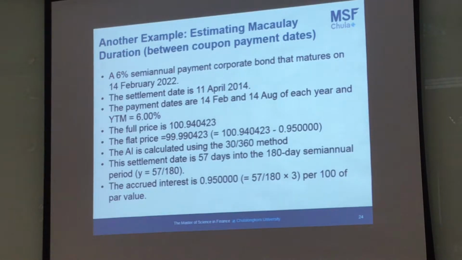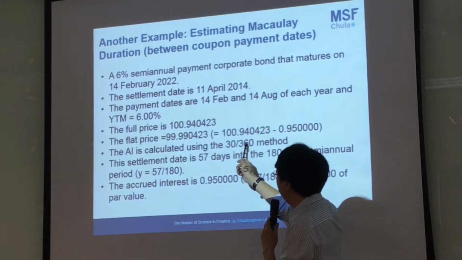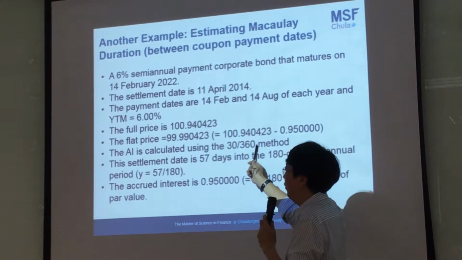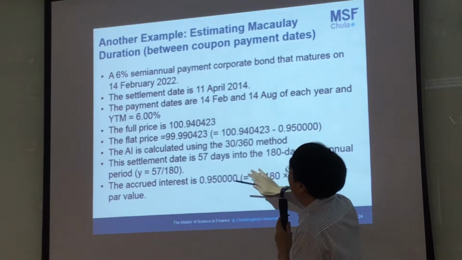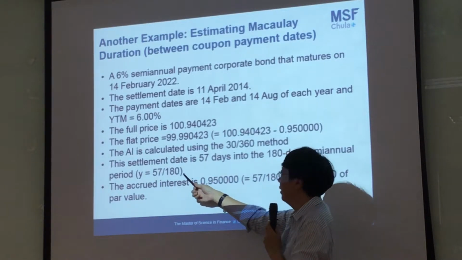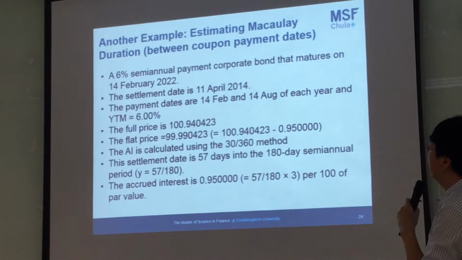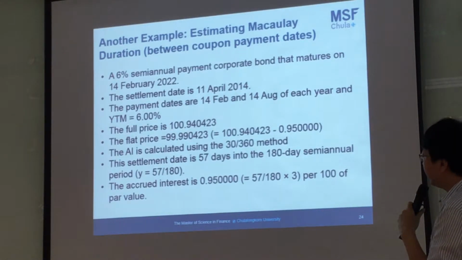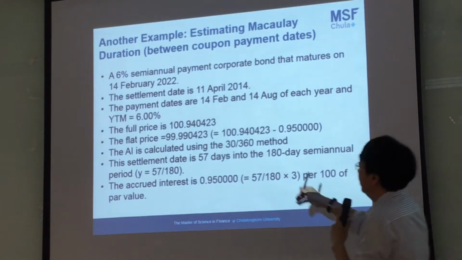The accrued interest is estimated using the 30/360 day count convention. Y is equal to 57 days over 180.